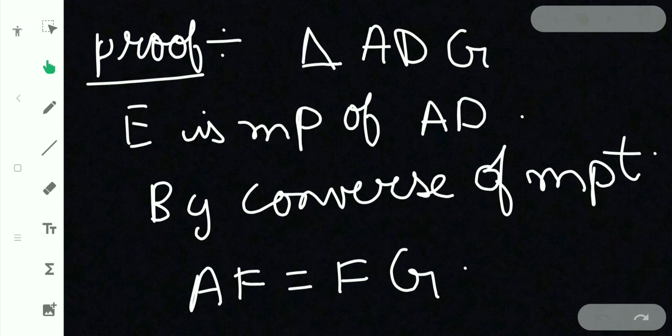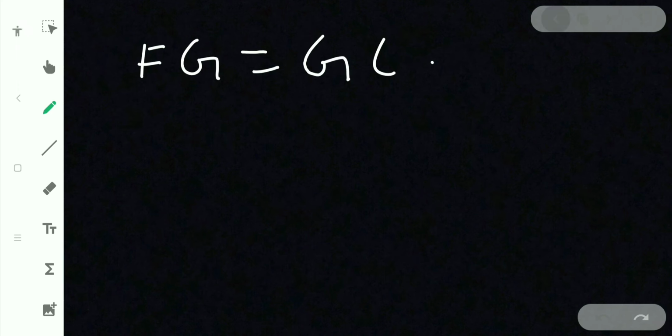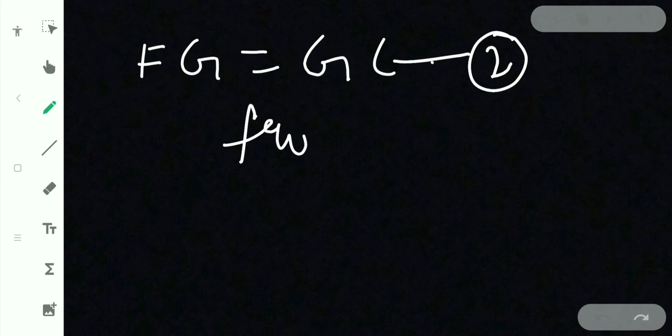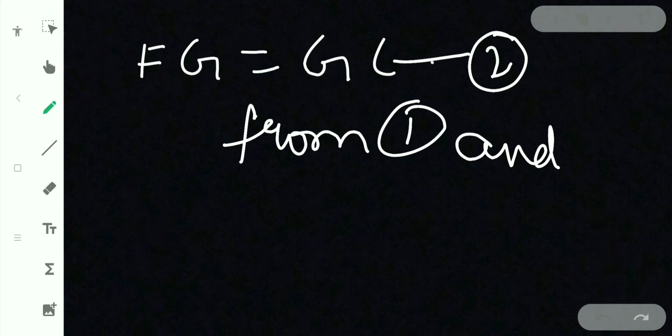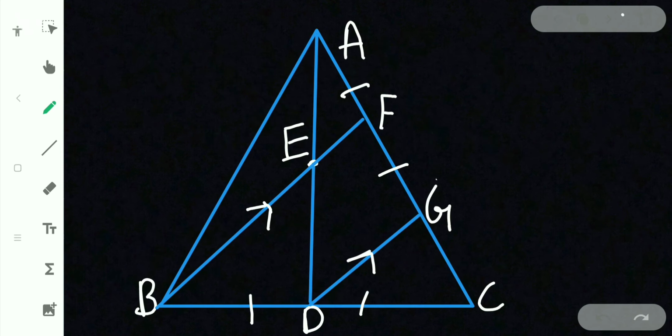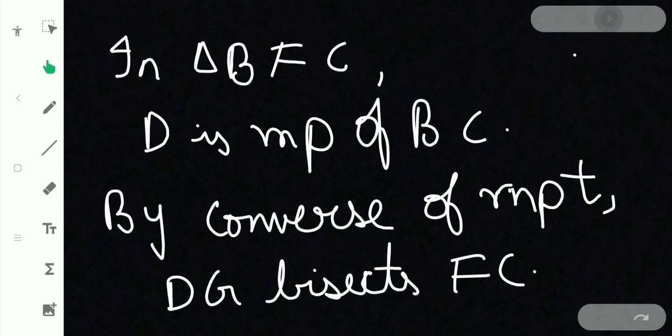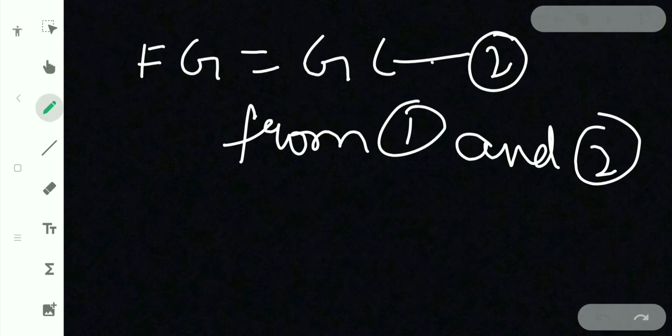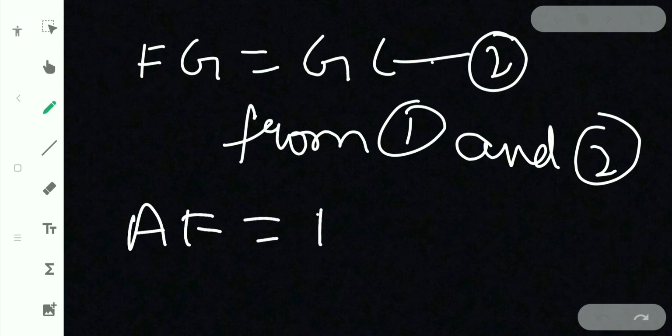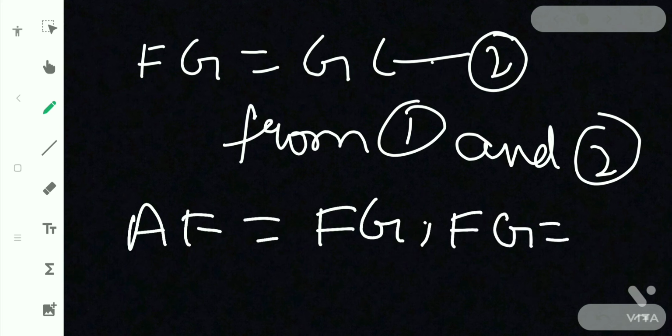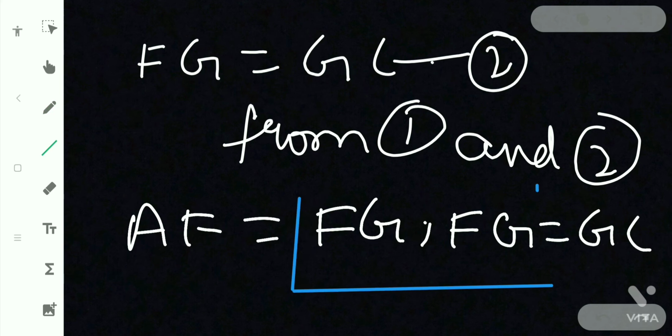Now let us make this equation, the previously done equation 1, and this equation 2. Now from 1 and 2, we are having here AF is equal to FG, and FG is also equal to GC. Now here we are having FG in both the equations.